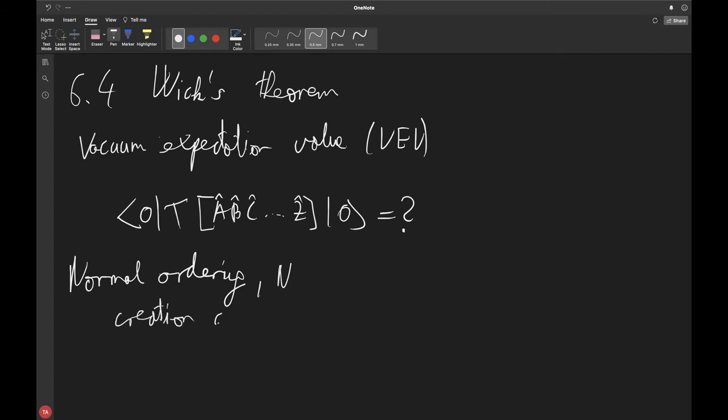Creation operators go to the left and annihilation operators go to the right. That means that the annihilation operator will act to the right, but on the right we have the vacuum. And so this will lead to 0. So it would be nice to have a transformation between the time ordering and the normal ordering.